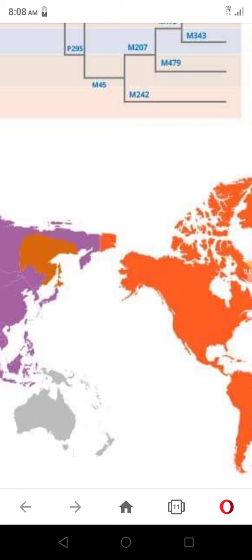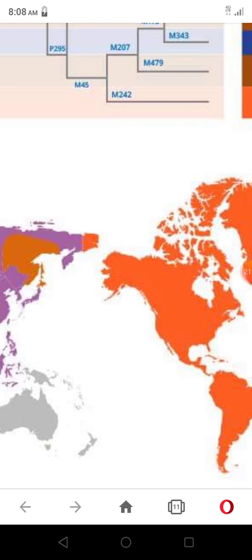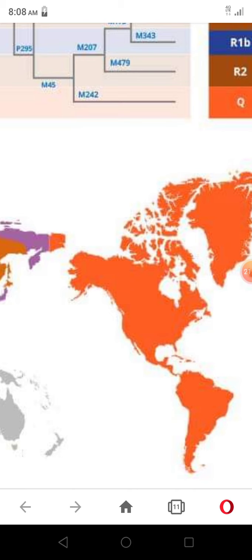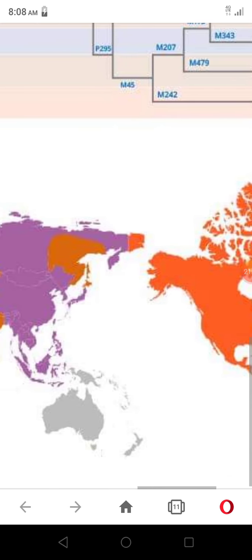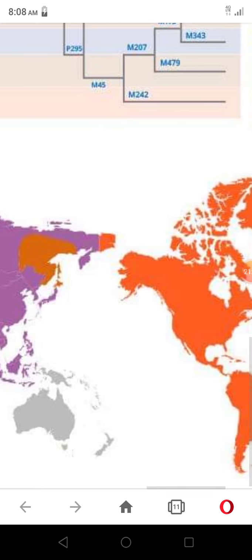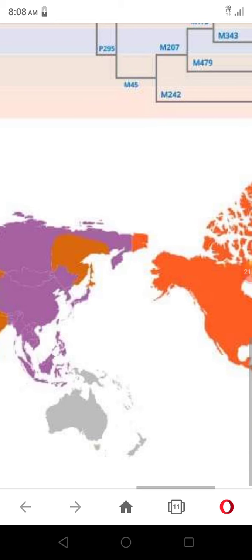So this means that most likely many of those people, during the period that they were being overrun by Japhetic people, many of these people went back to Australia, either before the Japhetic people or during, but there's a mutation within Australia that jumps.